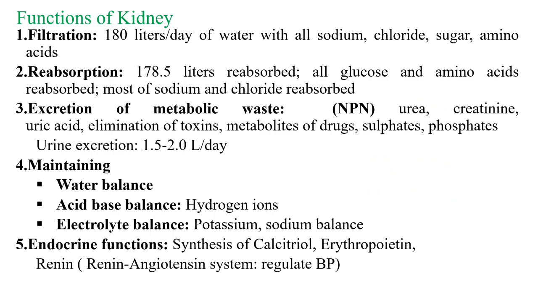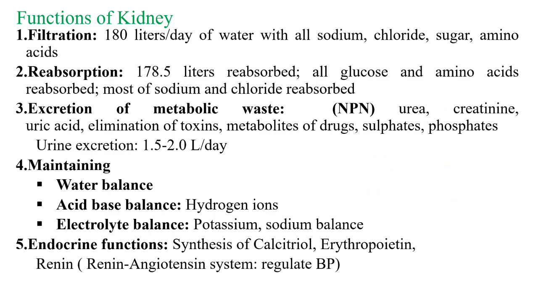The kidney also helps in maintenance of water balance and acid base balance by eliminating hydrogen ions and reabsorbing bicarbonate ions, and in maintenance of electrolyte balance like potassium and sodium. The endocrine functions of the kidney include synthesis of the active form of vitamin D, that is calcitriol.